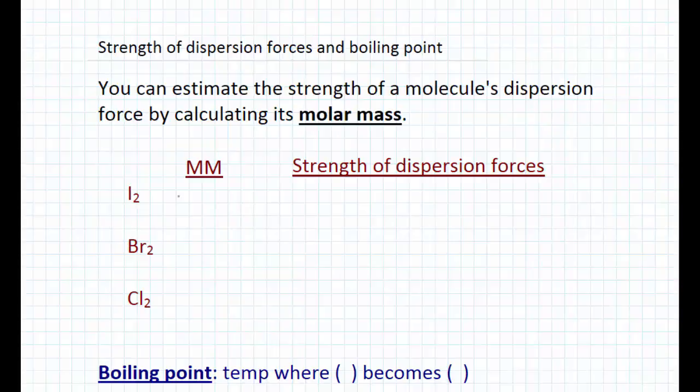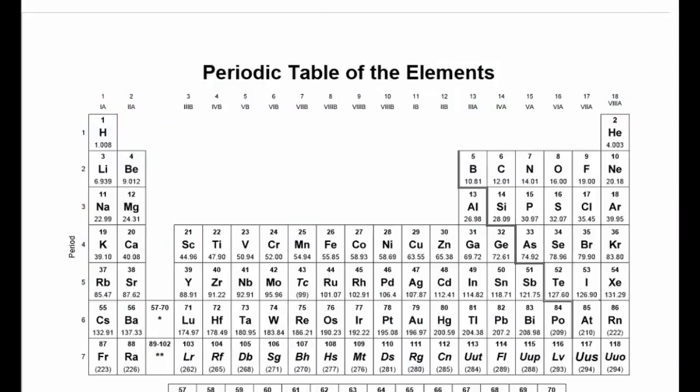We can estimate the strength of their dispersion forces just by estimating their molar mass. And where do you have to go to look at molar masses again? Yeah, that was a little bit ago, periodic table. You really don't need a calculator to do this, just a close estimate. But iodine, 126, I mean, we could even call that 127 for just I. Okay? But because it's I2, you have to take 2 of those, okay, for the molecule.